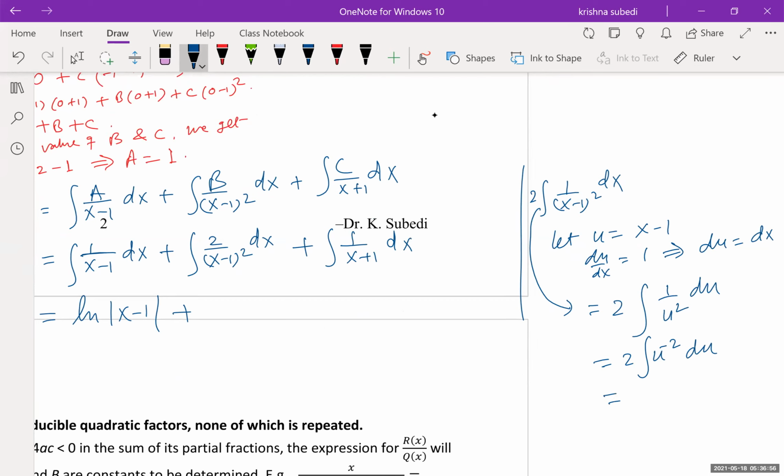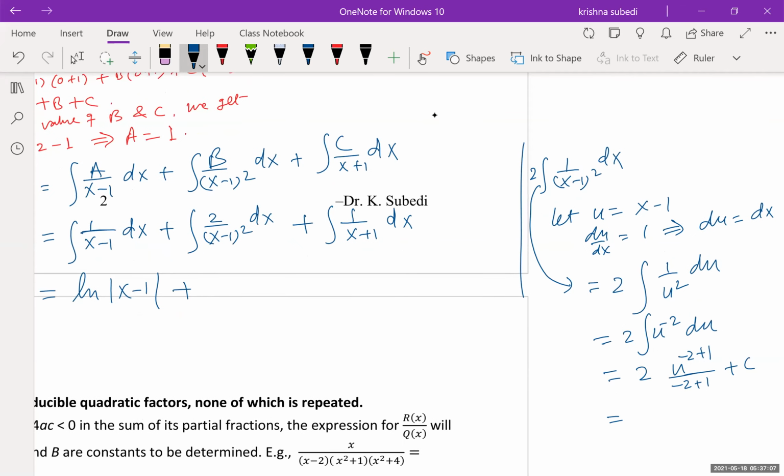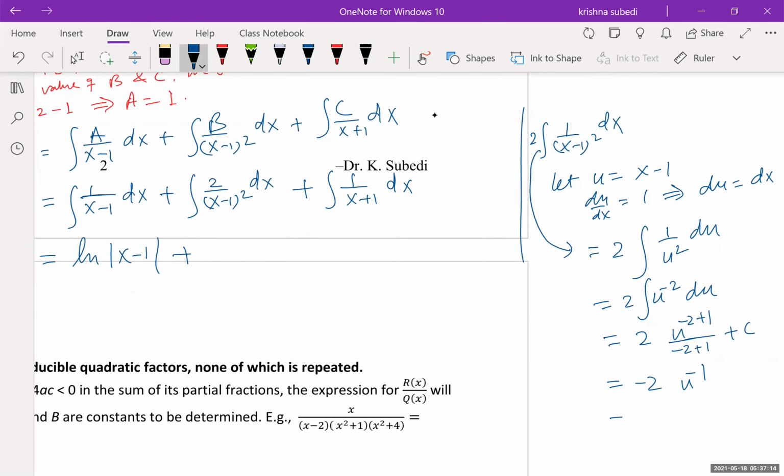You already know how to find it: u to the negative 2 plus 1 divided by negative 2 plus 1, plus c. And so we get negative 2 u to the negative 1. If you substitute the value back, you're going to get negative 2 over x minus 1. That's what we got.